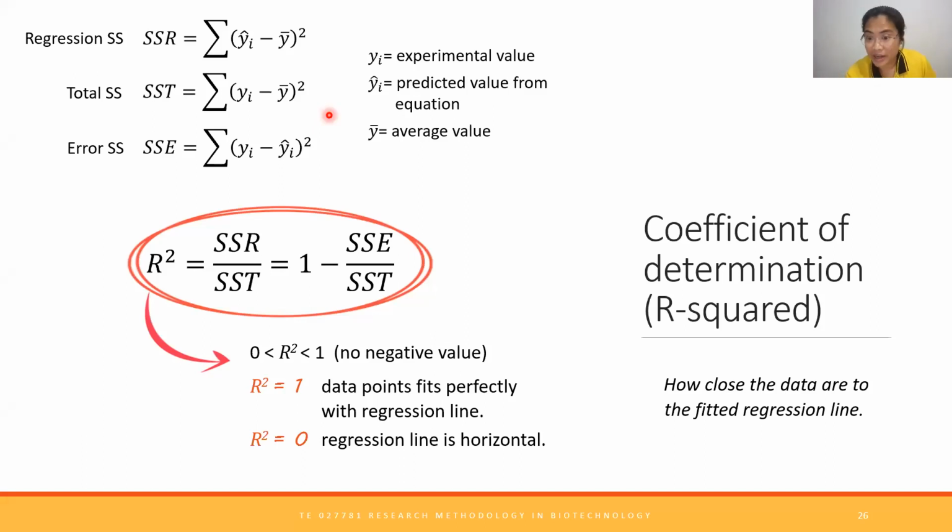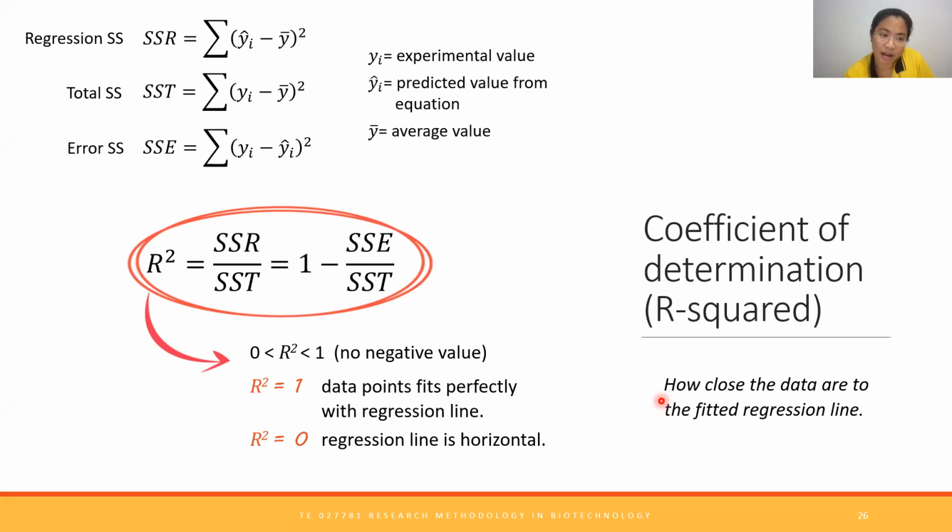Looking at the R-square itself, it tells how close the data are to the fitted line. It doesn't tell that the sum of the residual error square is the least, but it's just an indication of how close the data are to the fitted regression line.